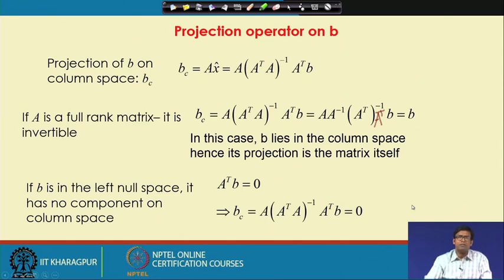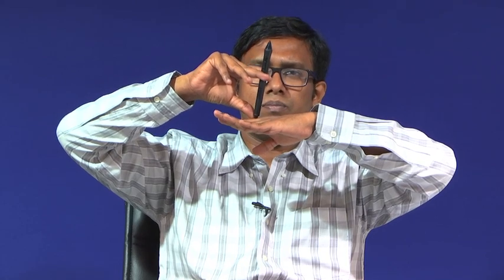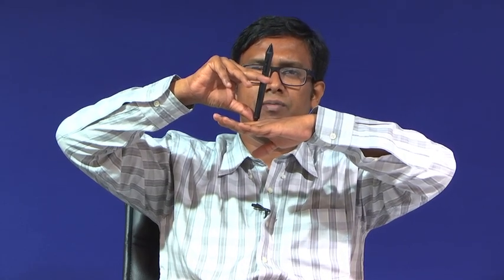If B is in the left null space, then any vector in the left null space when multiplied with A transpose will give me 0. So, A transpose B is equal to 0, and B being in the left null space means B is already perpendicular to this plane. So, what is the projection of a line perpendicular to a plane? It is the origin itself, because everything is connected at the origin, the 0 vector.